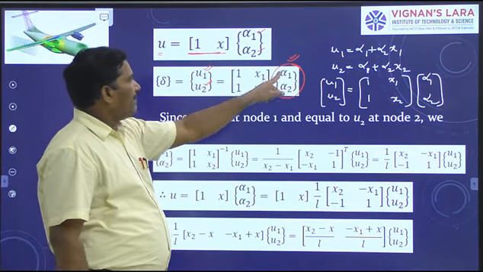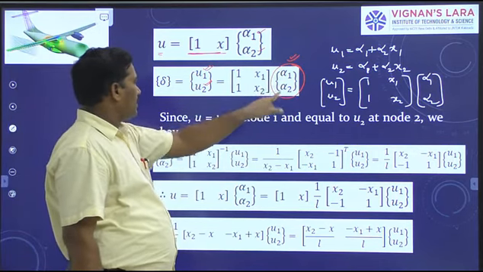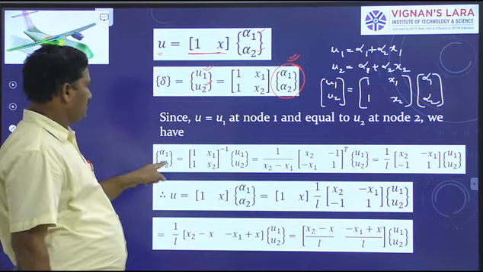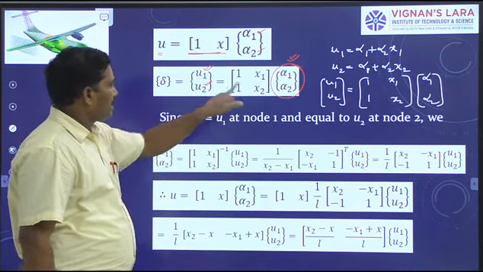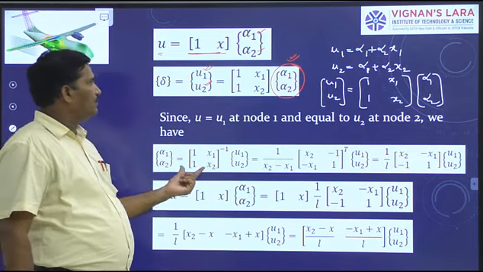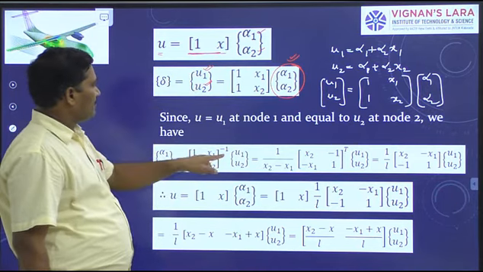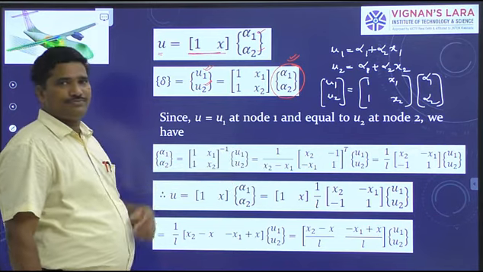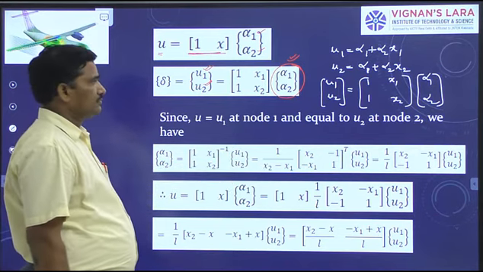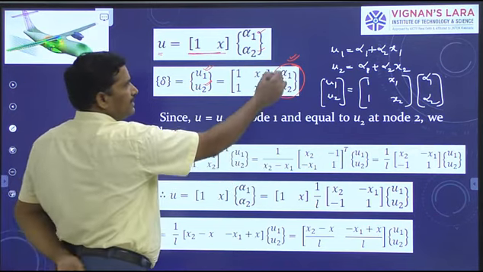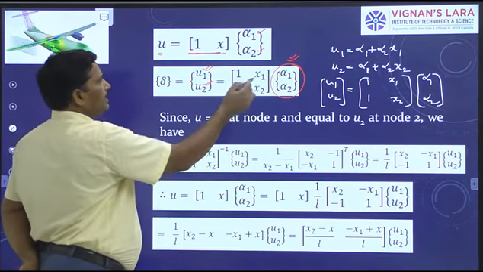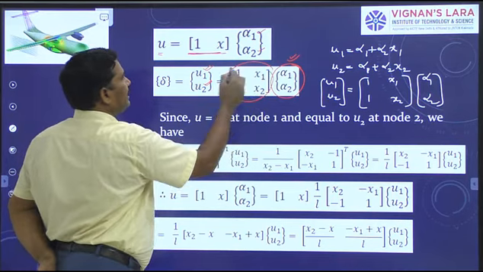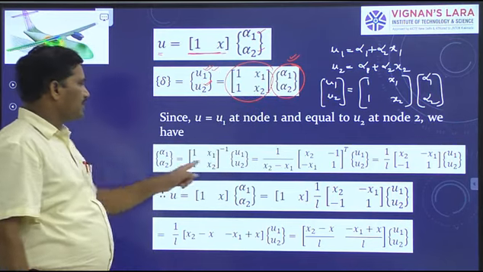Now, a column matrix having the elements alpha 1 and alpha 2 equals the inverse of this matrix into a column matrix having the elements u1 and u2. That is what I have written here.